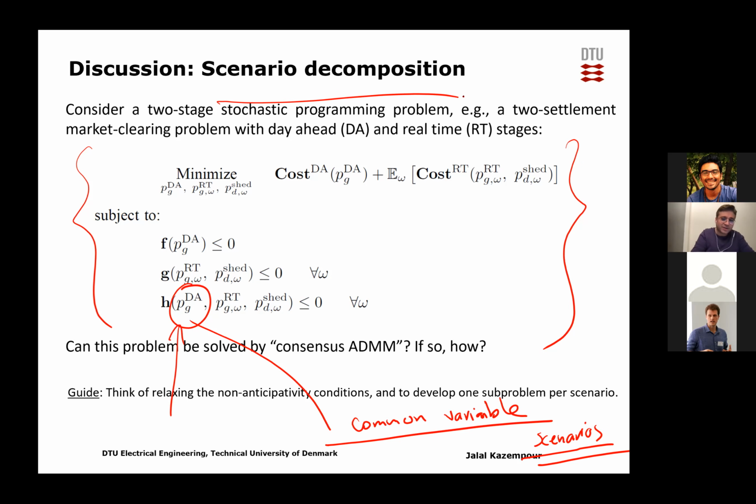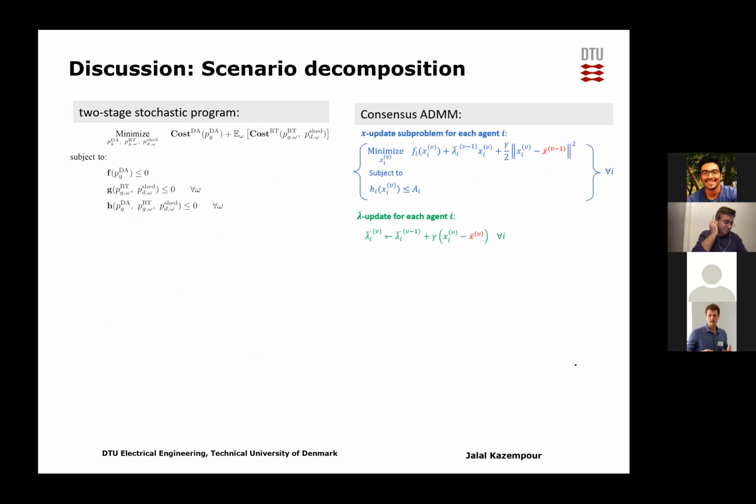So we will have scenario decomposition. This is our two-stage problem, and this is the formulation we got for consensus ADMM. Can you help me derive the scenario decomposition formulation of the two-stage problem using consensus ADMM? Let's do it together.